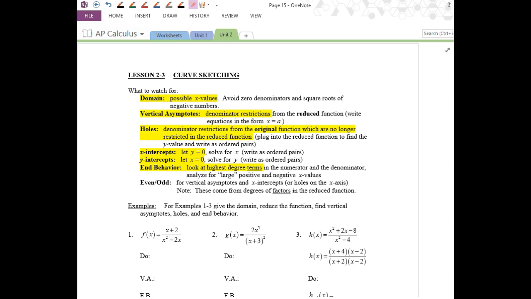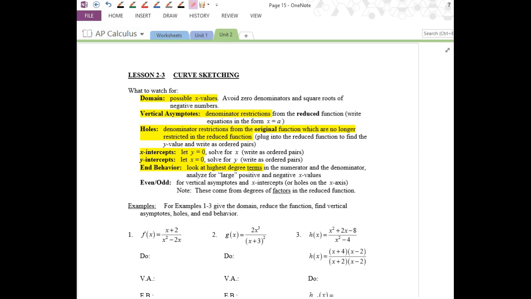Okay, we're also going to be identifying our vertical asymptotes, which is another scenario of when the x is in the denominator, but there is not the same quantity on the top. Holes are created when you cancel quantities out, so we'll go over examples of that. We're going to find x and y intercepts, and we're also going to talk about end behavior. This is kind of a newer concept. We did talk about this in pre-calculus.